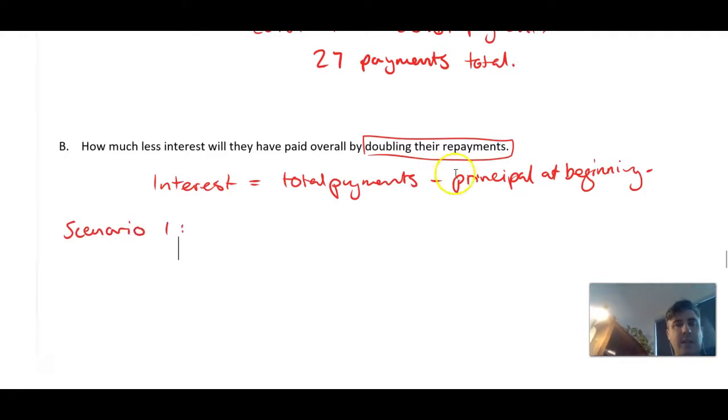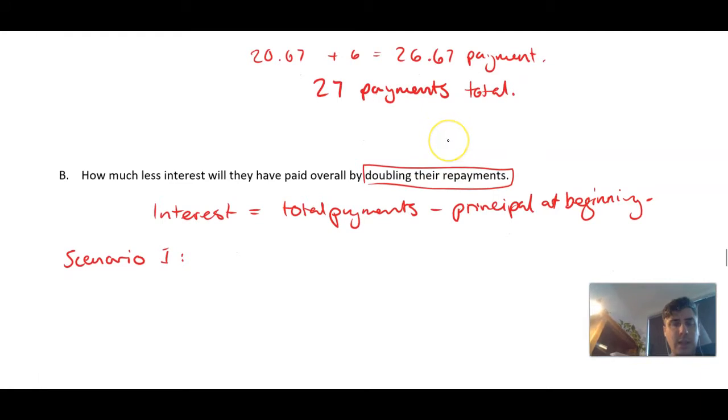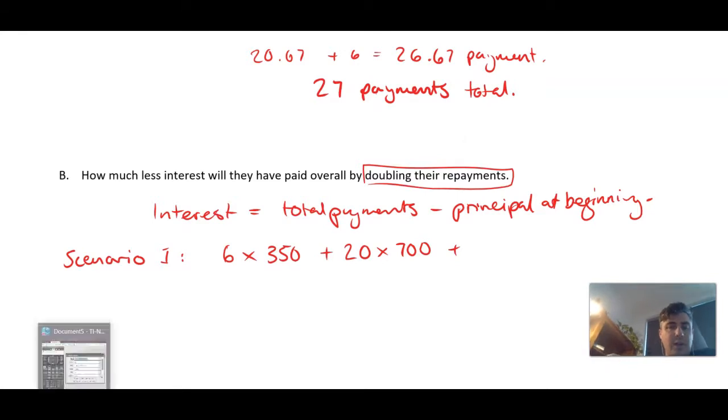Scenario 1, and we're going to have to add up everything from that. So we've got 6 times the payment of $350. Then we've got 20 times the payment of $700. And then we've got the final repayment. So we're going to have to work out what that is now.